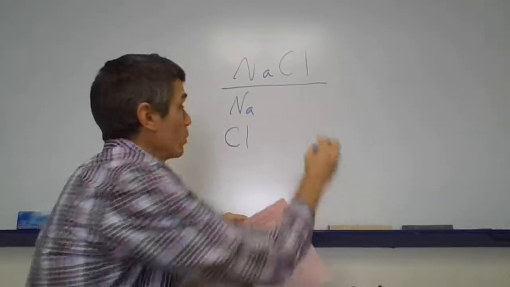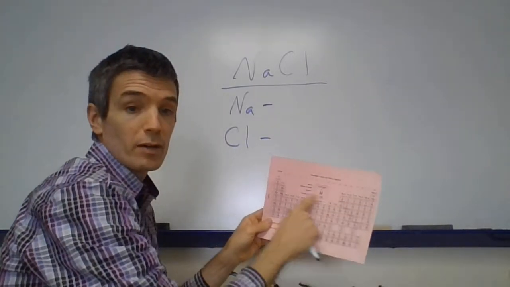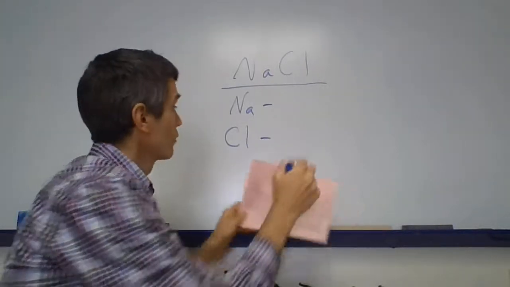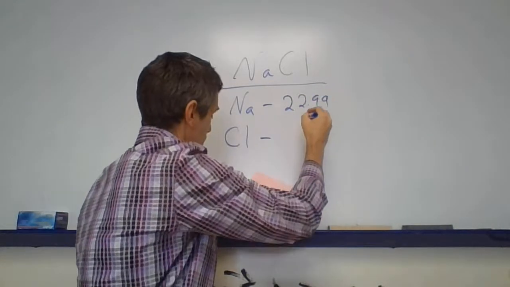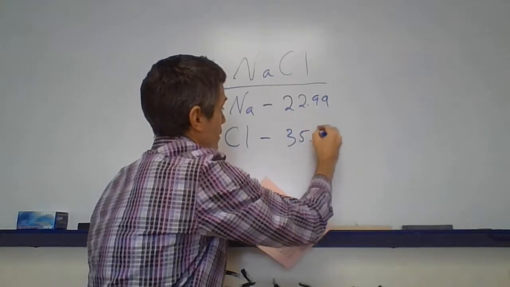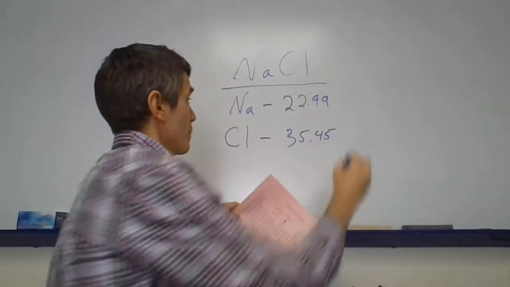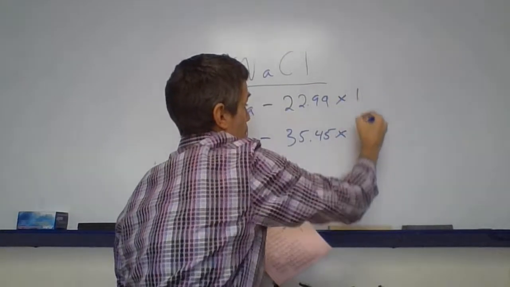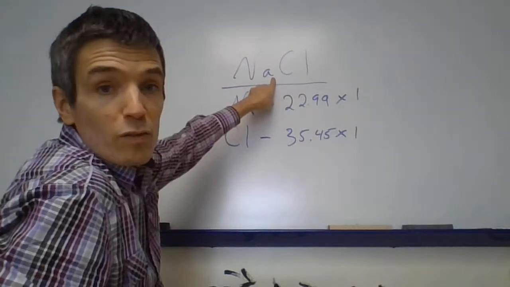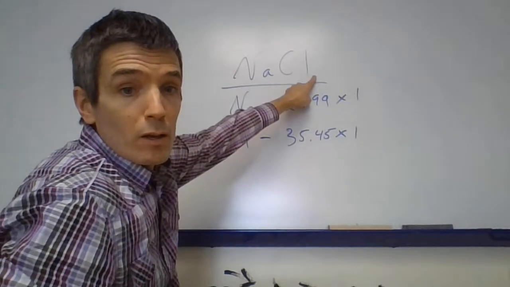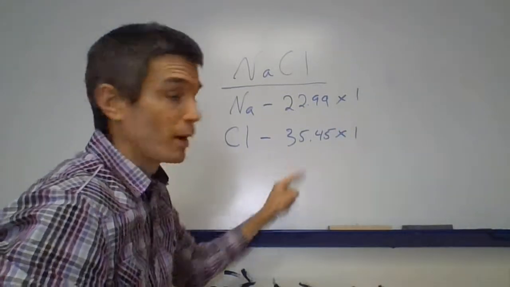Now I need to figure out their molar, their atomic masses. Chlorine's over here, sodium's right there, and sodium is... all right. Then I figure out the subscripts. Sodium is 1, chlorine is 1, so I would multiply both of these factors by 1.